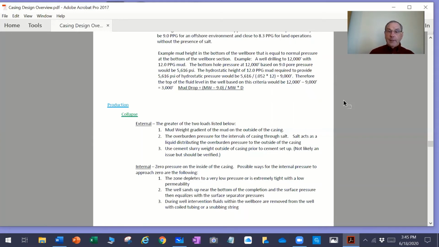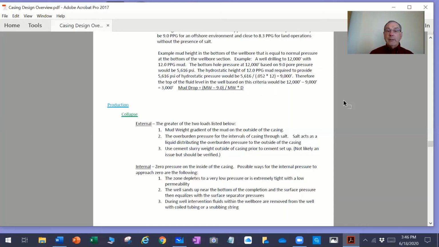I have worked with wells that had a bottom hole pressure less than 1 pound per gallon. Even though they were originally completed with 13.5 or 14 pounds per gallon equivalent bottom hole pressure, they depleted down to less than 1 pound per gallon. That's not exactly 0, but it's a very low number.